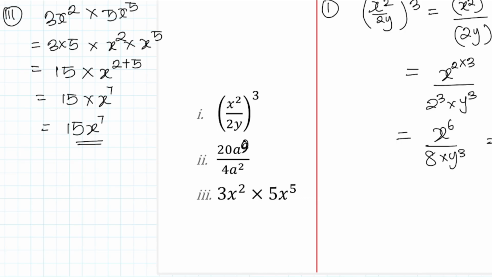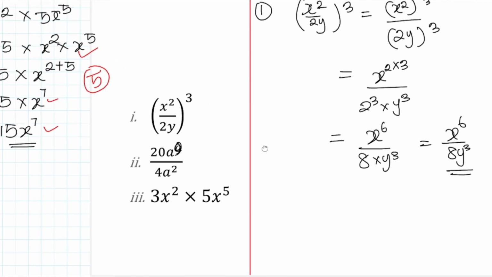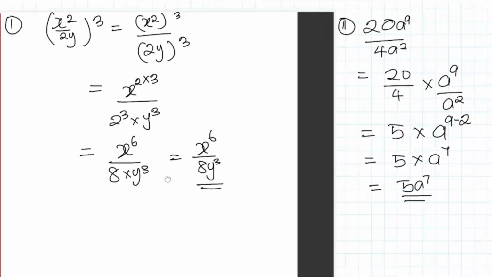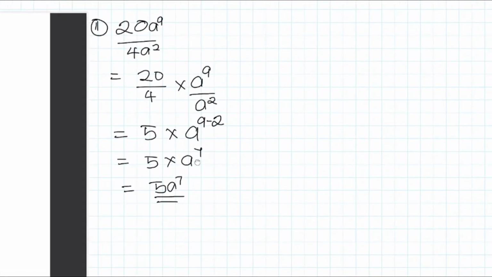So if you get this correctly, you're going to give yourself 5 marks. Okay, 5 marks if you get all the steps. If you miss a step, your mark is going to be 4 over 5. Okay, so this is how you apply this product law, and this is how you use it to simplify a problem.